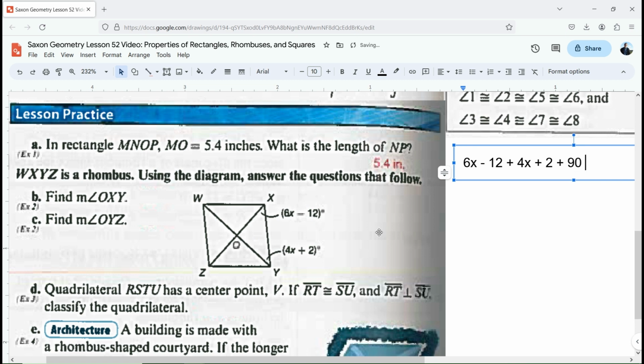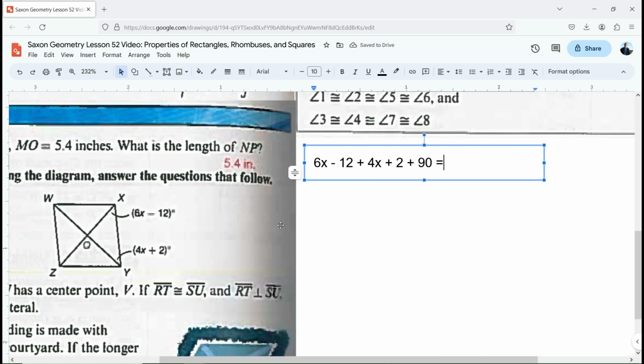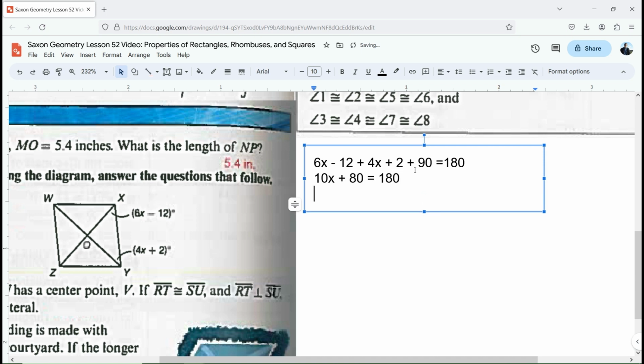So I'm going to say plus 90 equals, and then this is a triangle, so it's going to equal 180. Combining like terms, I'm going to get 10x, minus 12 plus 2 is negative 10, plus 90 plus 80 equals 180. 10x equals 100, x equals 10.